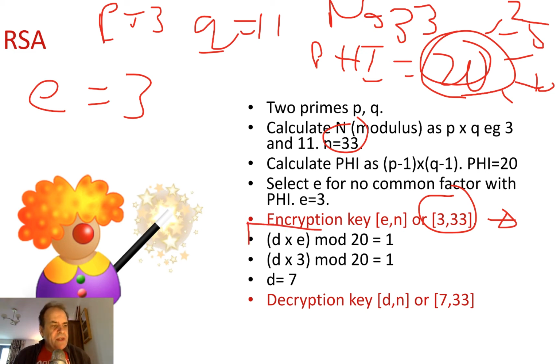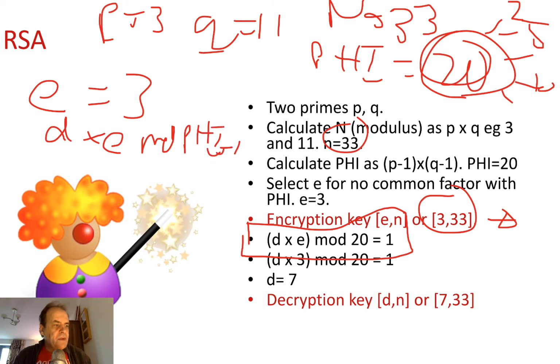Now we must get this to be correct, where D, our decryption key, times E, mod phi, is equal to 1. Okay, so there's code that allows us to do this, but we'll do it just manually. So we'll try 1 times 3 mod 20.